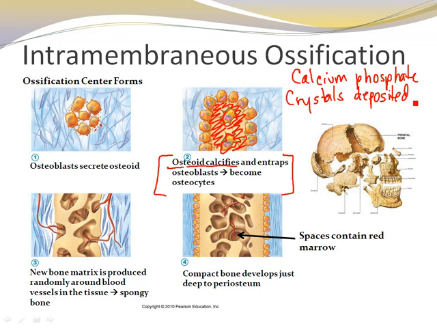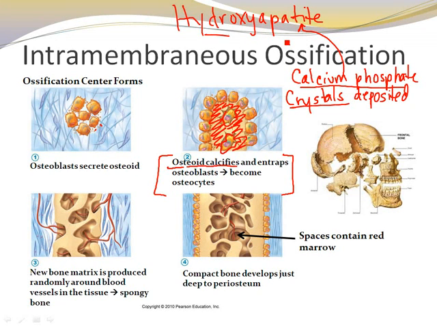Okay. Calcium phosphate, another term for those calcium phosphate crystals, you'll sometimes see those called hydroxyapatite crystals. Don't confuse that with hydroxycut, that herbal drug that some people take to help them lose weight. Kind of sounds like that, but it's not. It's hydroxyapatite.